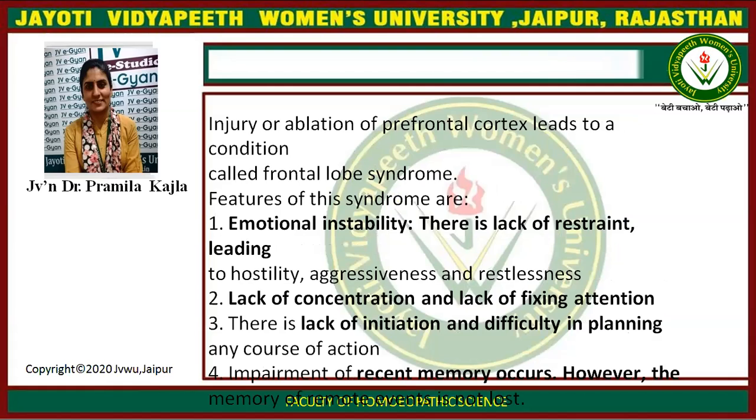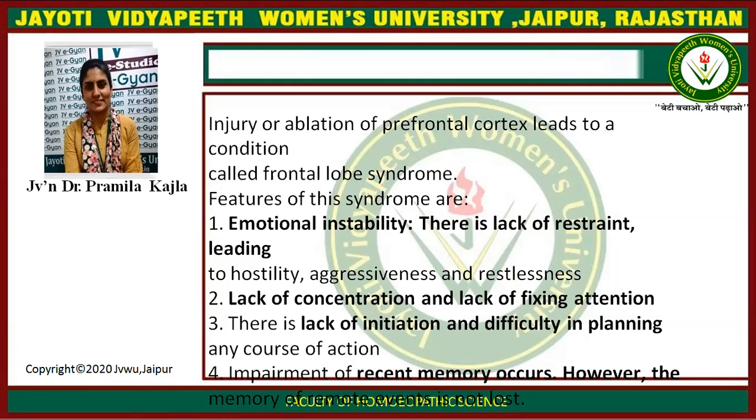Injury or ablation of prefrontal cortex leads to a condition called frontal lobe syndrome. Features of this syndrome are: first, emotional instability. There is lack of restraint leading to hostility, aggressiveness, and restlessness. Lack of concentration and lack of fixing attention. There is lack of initiation and difficulty in planning any course of action.